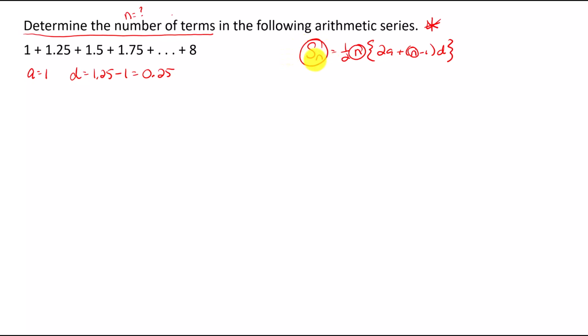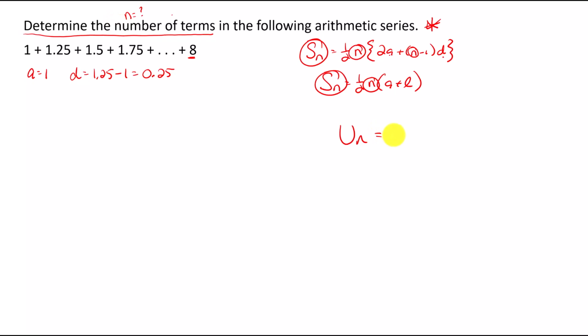And so if I tried to use this and I plugged in a and d, I would still have too many variables to solve. So this one doesn't work. And if you look at the other one I showed you, the same thing is true. I have a, and in this case I have what would be L, but I don't have n, and I don't have S sub n, and so those two would stay blank, and so I have too many variables. And so when that happens, and again, you're not asked for the sum, and you're not given a sum.